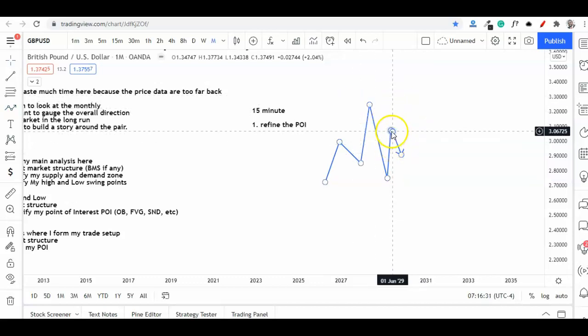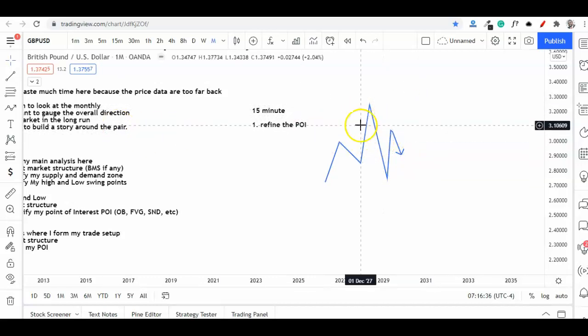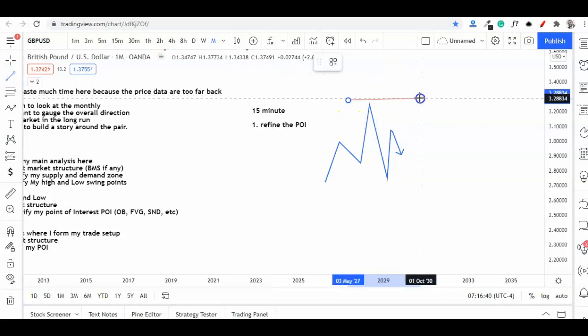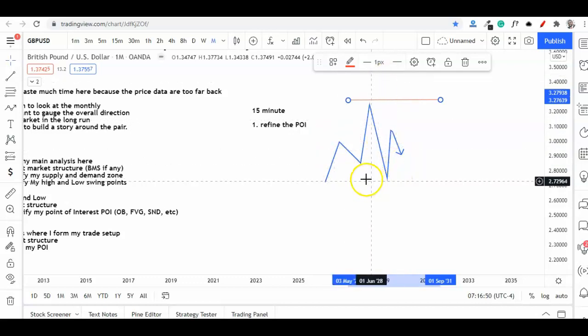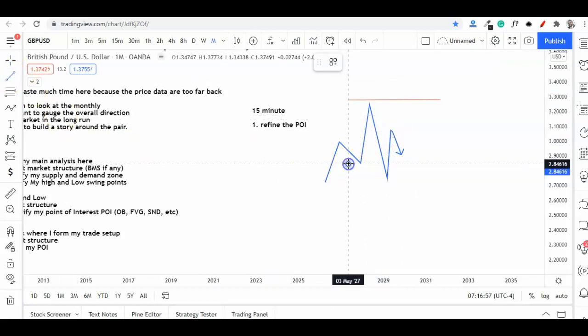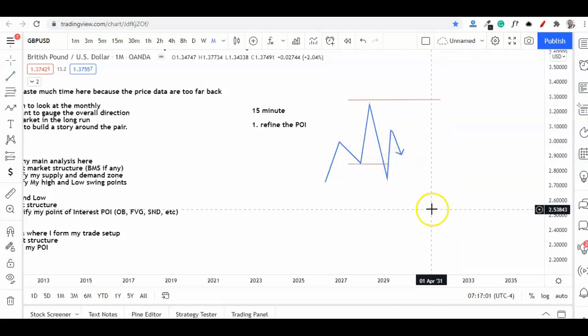If price comes in here to trade into my order block or anything here, my stop loss will be above this high. That is a logical place to place my stop, above this high, because when price moves above this high, that means it has invalidated my setup, because I was expecting price to continue downward since it has broken structure here. Since price has broken structure here, I was expecting price to go down from here.